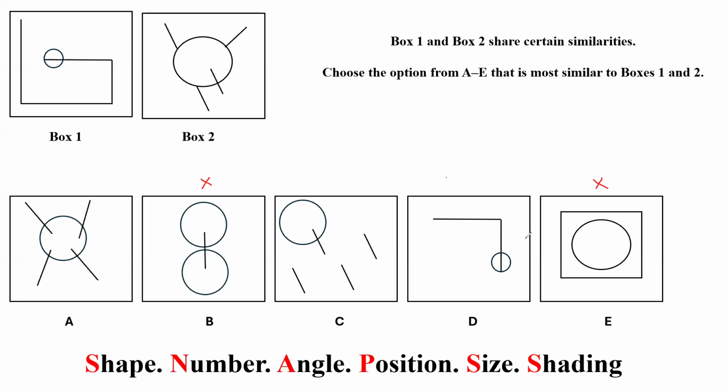I realized that in box 2 there are 4 lines connecting, so I thought it might be A or C, but it can't be D.